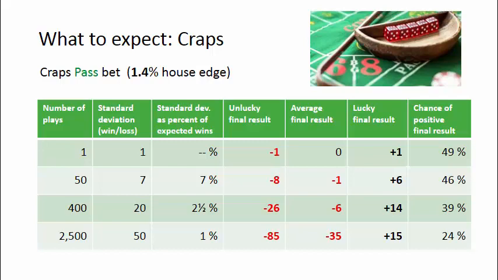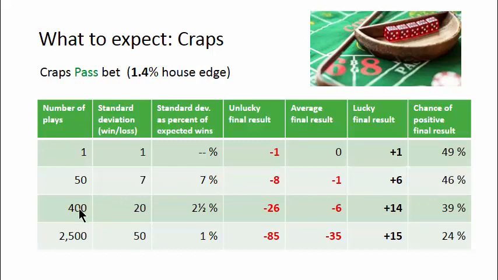Now let's take a look at a better bet, the pass bet in craps. The chance of winning a single bet is 49%, which is close to an even game. For a 1-hour session, the average loss is 1 bet, and the unlucky and lucky end results are almost equal. Your chance of coming out ahead is quite good, 46%.